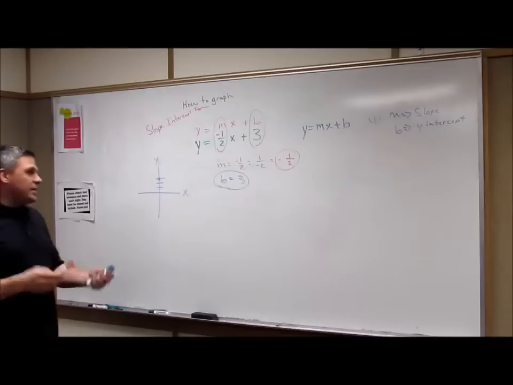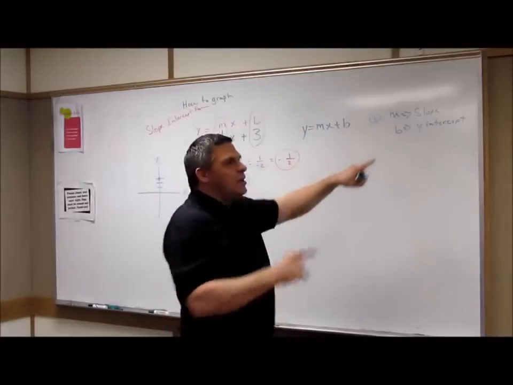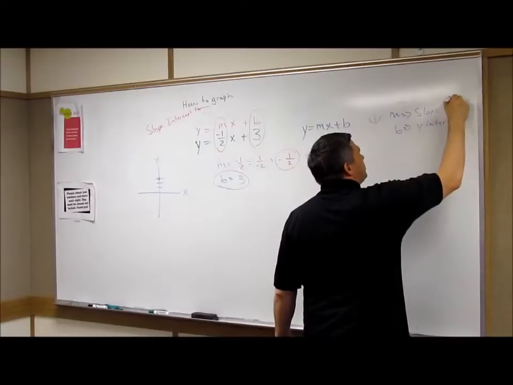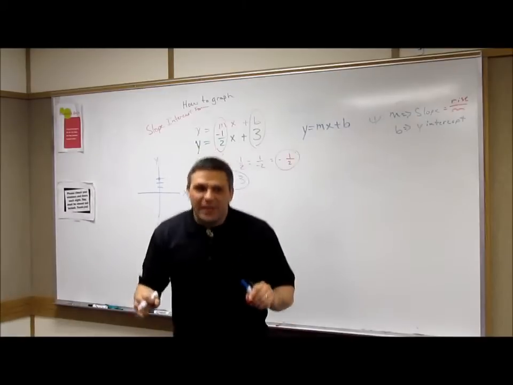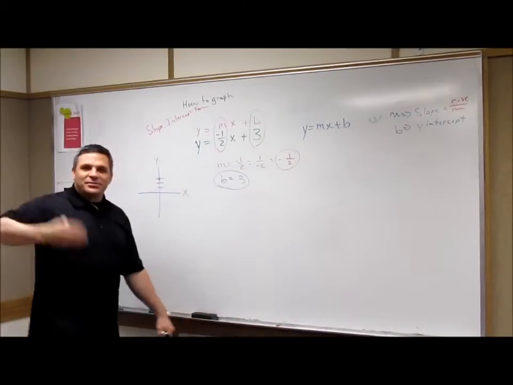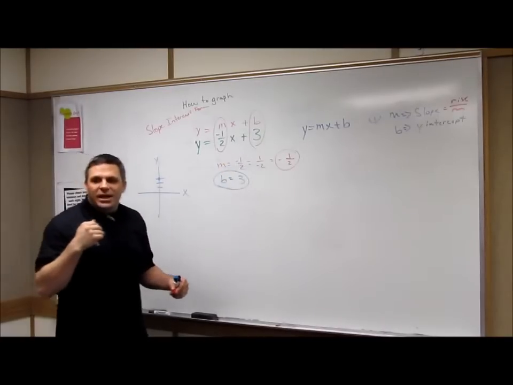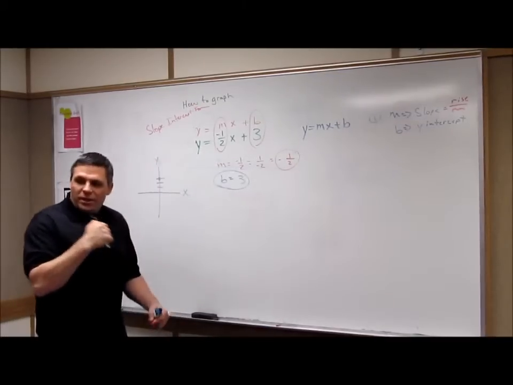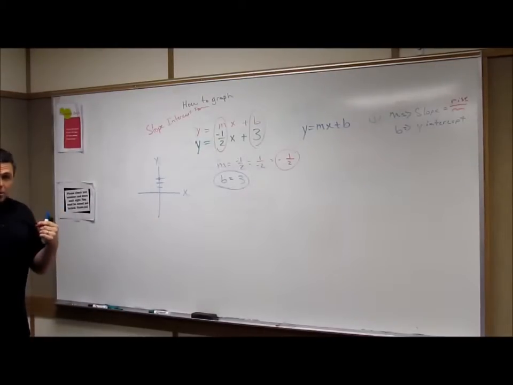Then I'm going to take this red and draw the slope. What does the slope tell me? Remember, we said rise over run. So slope equals rise over run. How do we rise? We rise up and down, so up and down is what we're doing on the top. Left and right is what we're doing on the bottom. Running right or running left, rising down, rising up.